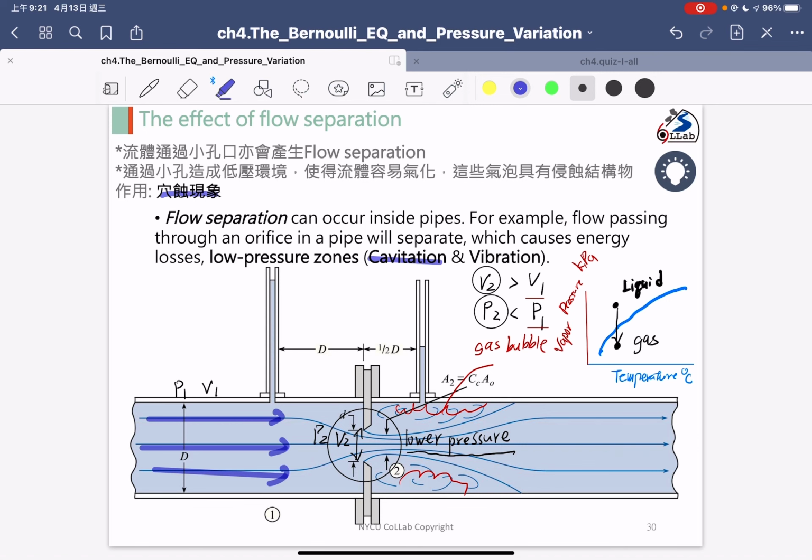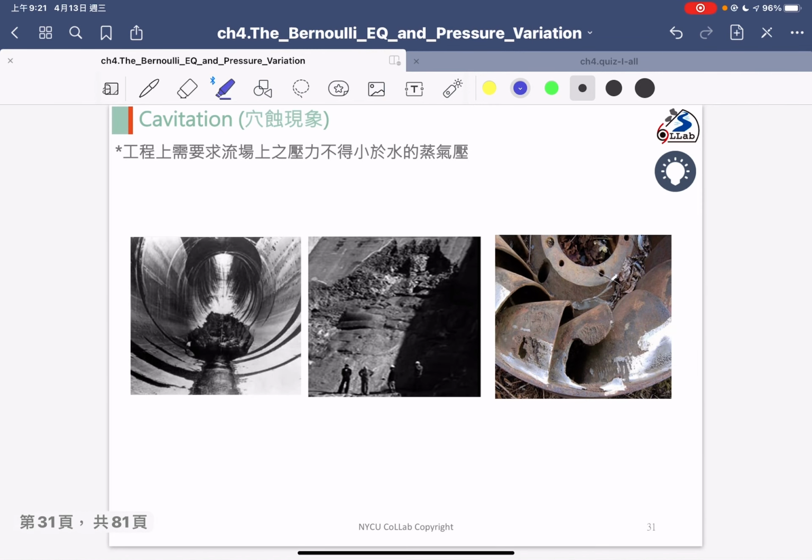Okay, so the photo I just show is some examples. This is the case of the spillway, 溢洪道, the spillway. So in a spillway, if the velocity is too high, we will have a lower pressure condition, and the lower pressure condition will induce the cavitation phenomenon, because the liquid becomes gas, and the gas becomes a gas bubble that breaks the structure surface. So it's very terrible.